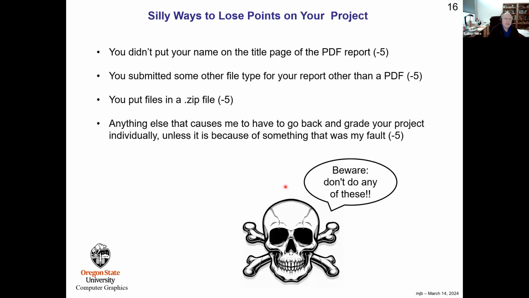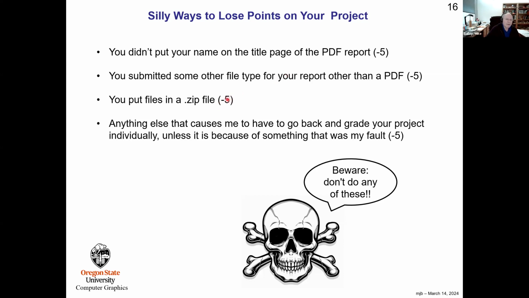Also, after every project's turned in, I'll run a Python script that emails you and tells you how many you used up. There are some really silly things you can do to lose points on your project. Don't put your name on the first page, -5. You didn't turn in a PDF. You turned in a docx or something else. Our script looks for PDFs. If you do this, we're not going to be able to find your turn in, -5. Eventually we'll find it because you'll probably tell us, but -5.